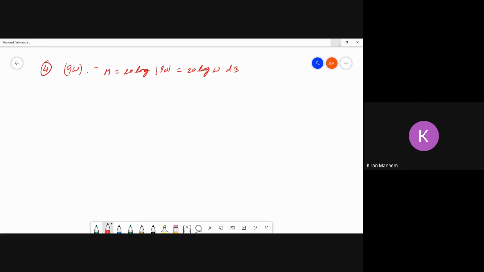This is the magnitude of the zero at the origin. To find the straight line of this zero at the origin, let us take ω equal to 0.1, ω equal to 1, ω equal to 10.